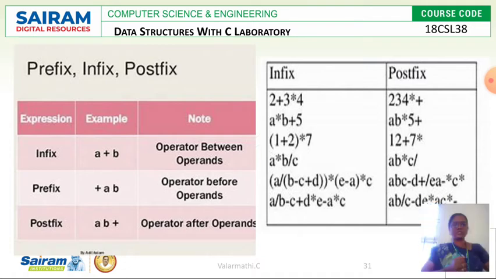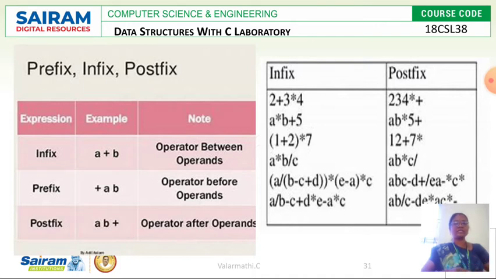Then the third one is the postfix operation. Postfix means the operator comes after the two operands. So first the operands are arranged, then after the operands the operator is placed. So a b plus is the correct format of postfix.